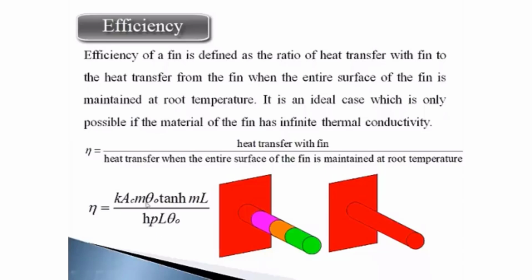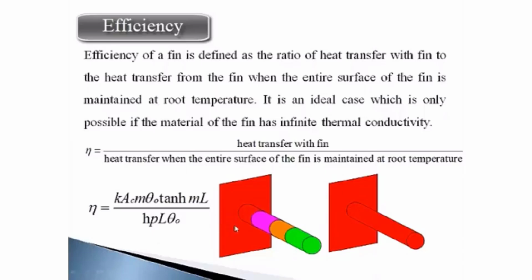The actual heat transfer with the fin divided by the heat transfer when the entire surface of the fin is maintained at the root temperature gives you the efficiency. So you are comparing with the ideal case. The transfer through this is kAc m theta 0 tanh(mL). Heat transfer in this ideal case is hPL theta 0.